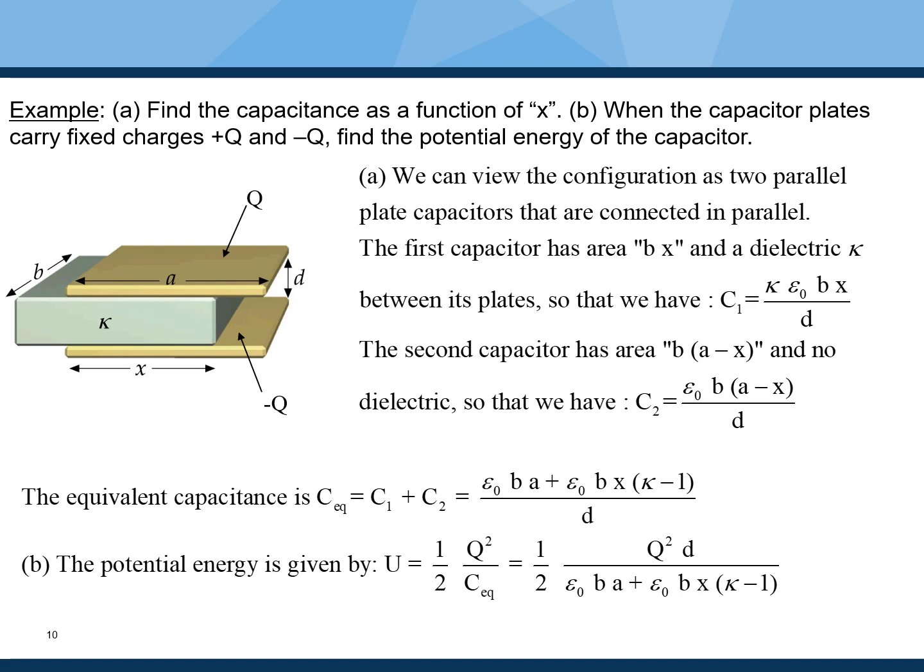However, the dielectric does not go all the way through between the two plates. In other words, this amount of distance has dielectric between the plates, and this amount of distance, which is just a minus x, has no dielectric between the plates.